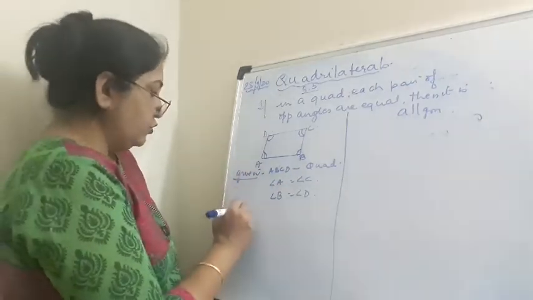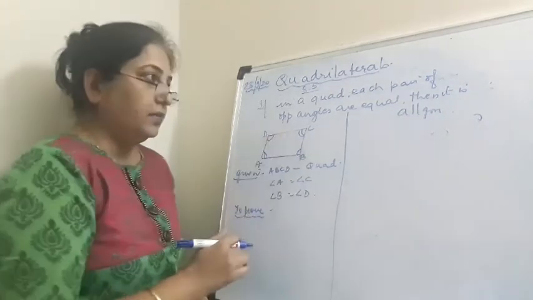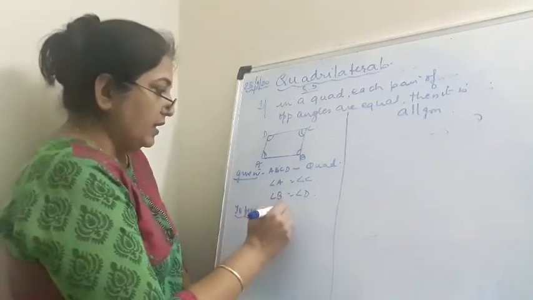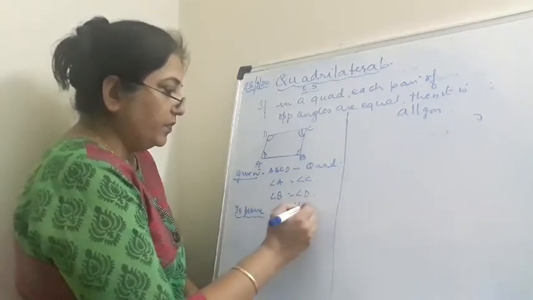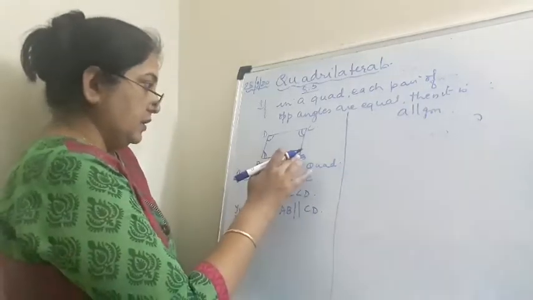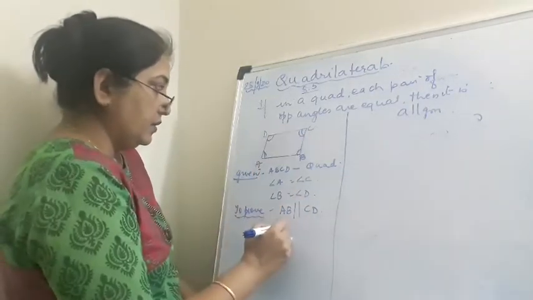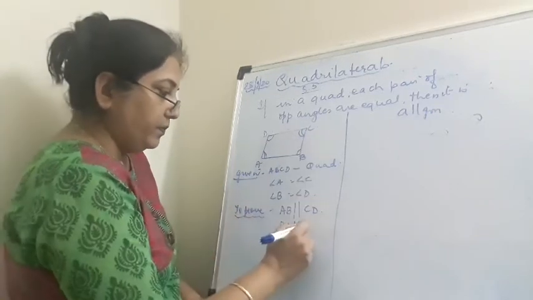Now what will we do? We will write, to prove. To prove that this is a parallelogram, what do we need? We need to prove that AB is parallel to CD, and we will also prove that AD is parallel to what? BC.